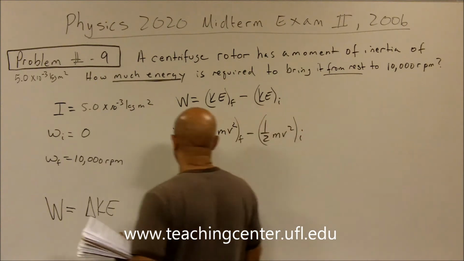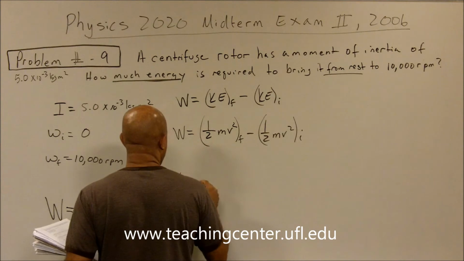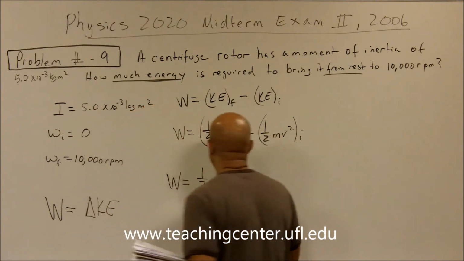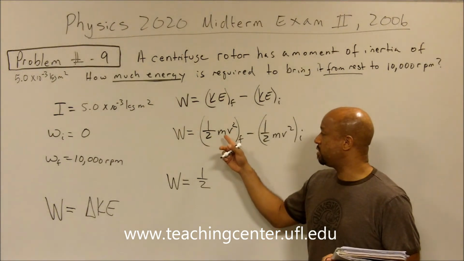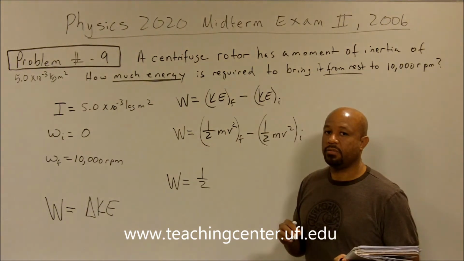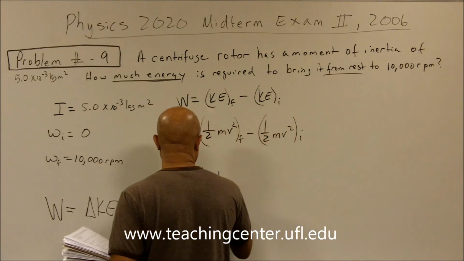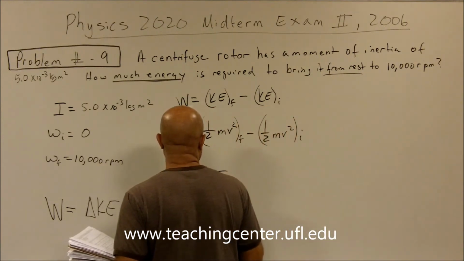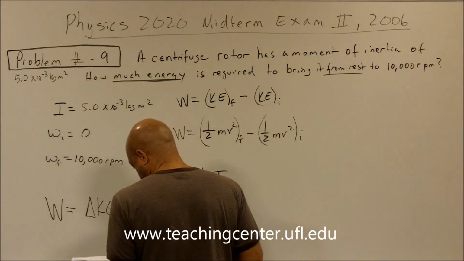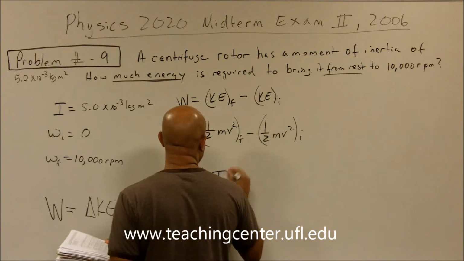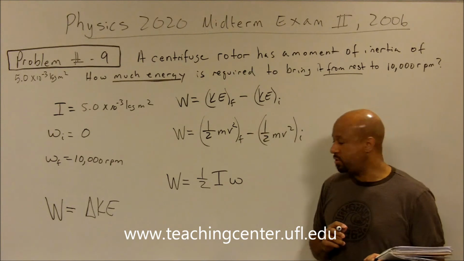So we can write the work equation as 1/2. And remember that for rotational motion, when we talk about mass, we're really talking about a moment of inertia. So that's going to be I. And when we talk about velocity, we're talking about the angular velocity, which is omega.